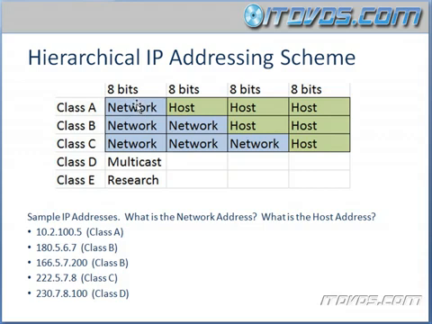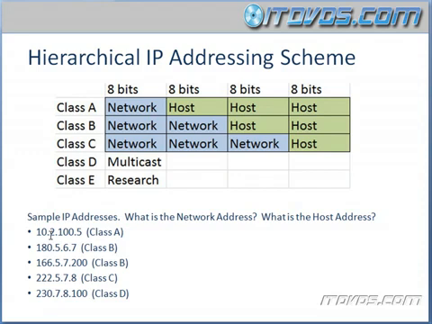So that's the first octet. Then the next 3 octets are your host bits. This is also called your network address and your host or node address. So every host in a network is going to have the same network address, but every host in a network is going to have a unique host part of the address.